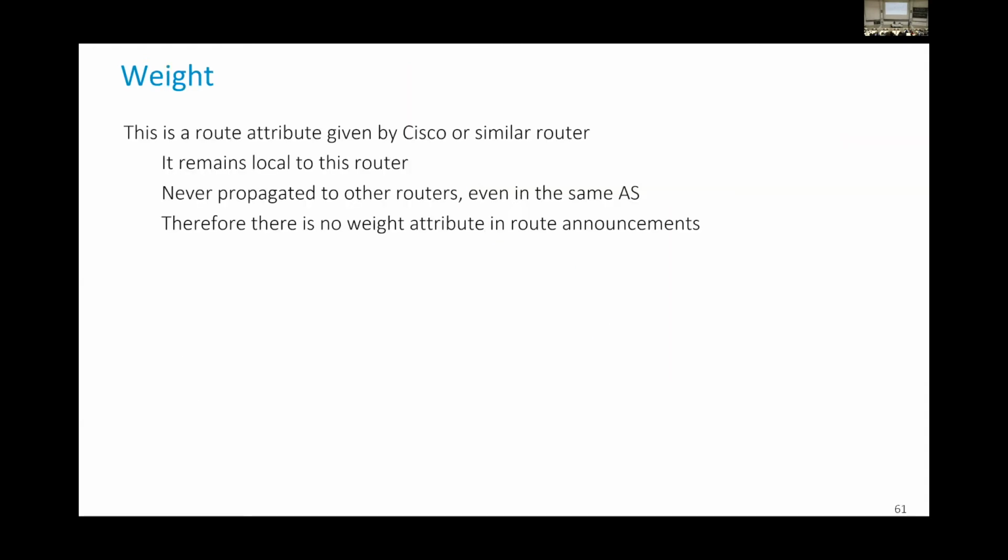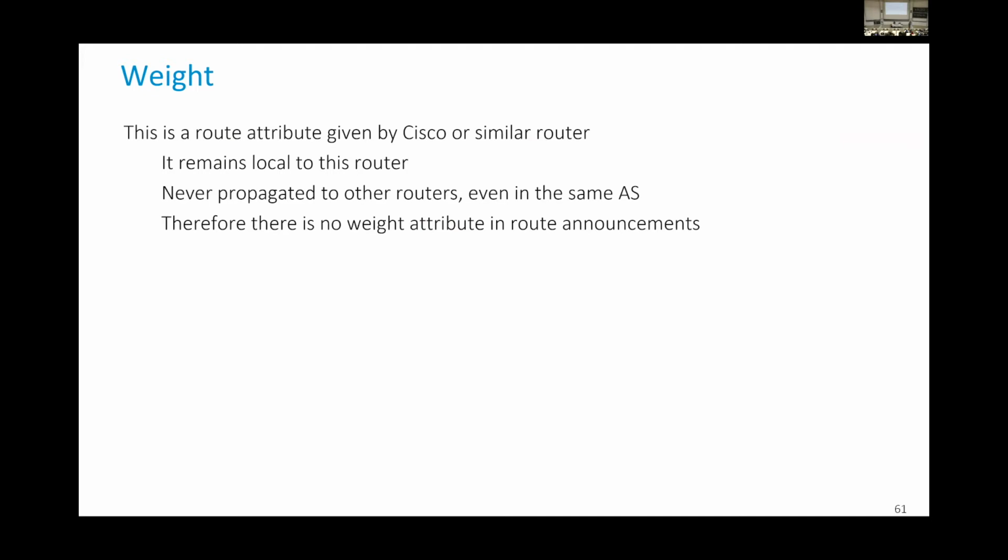There are probably more than 100 attributes to a route, so there are many others like weight. Weight is also a priority field that is local to this router. So it's a manual way. If you want to force the decision process to prefer one route due to some reason you have locally, one way, because you typically don't change the logic of the decision process.